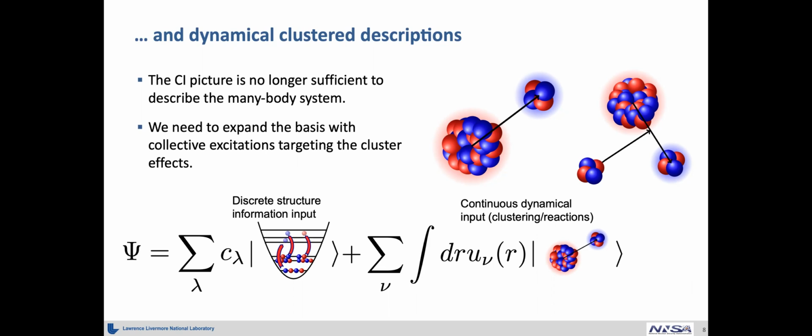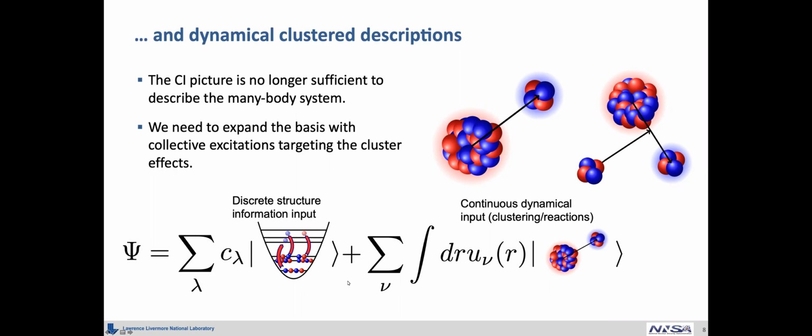So at the end of the day, the wave function of the full A-body system is described as a sum, where part of it contains these asymptotic states, these resonating group method type states with the two fragments definitely separated from one another. However, we also augment the wave function with no-core shell model type states for the A-body system now, not just for the internals of these two nuclei.